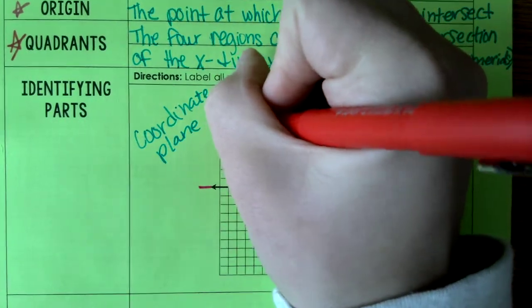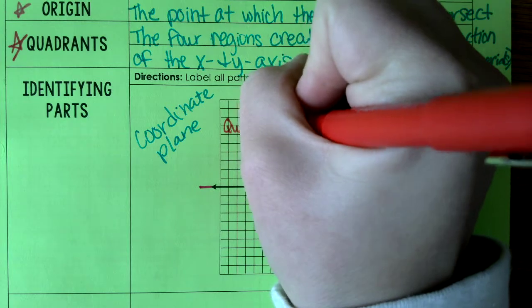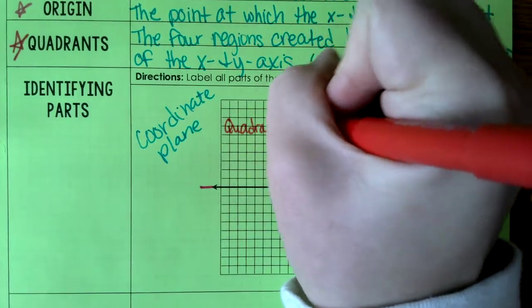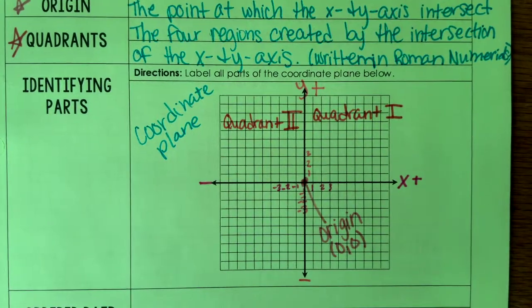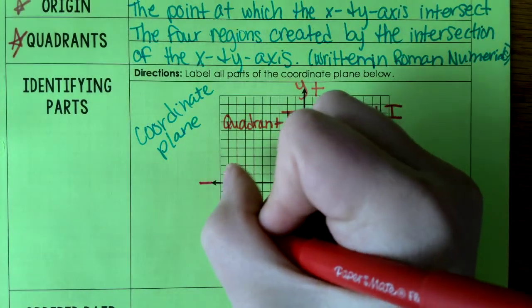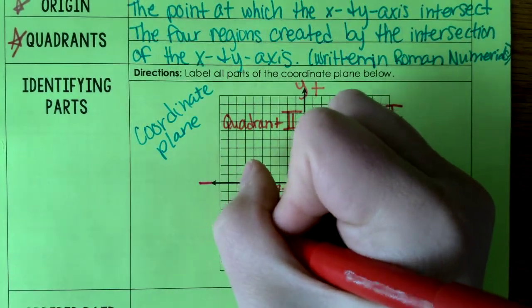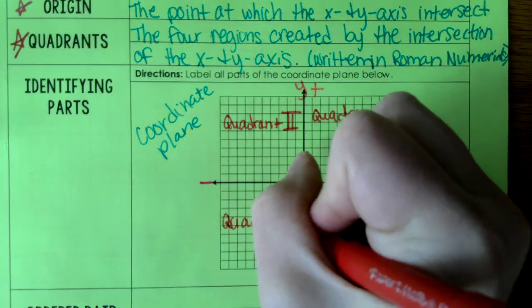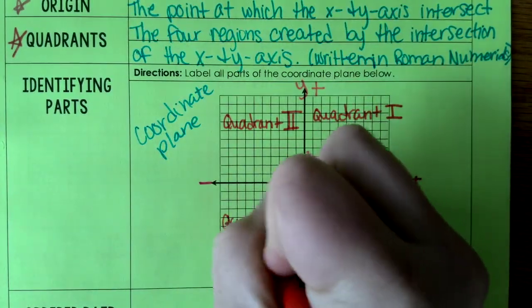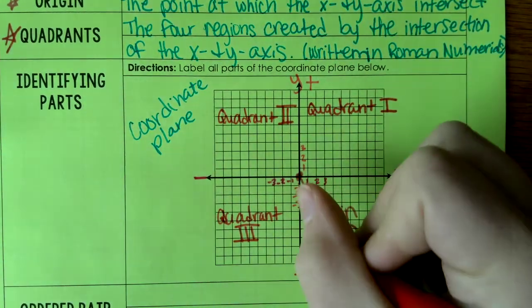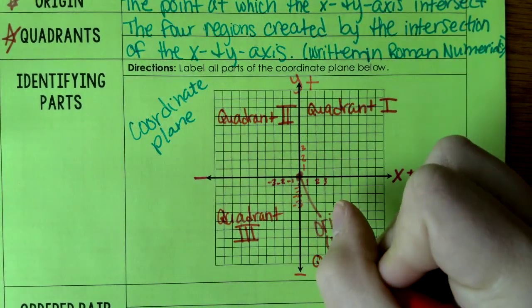So here is quadrant 2. Then we go down to quadrant 3. And then finally, we end over here with quadrant 4.